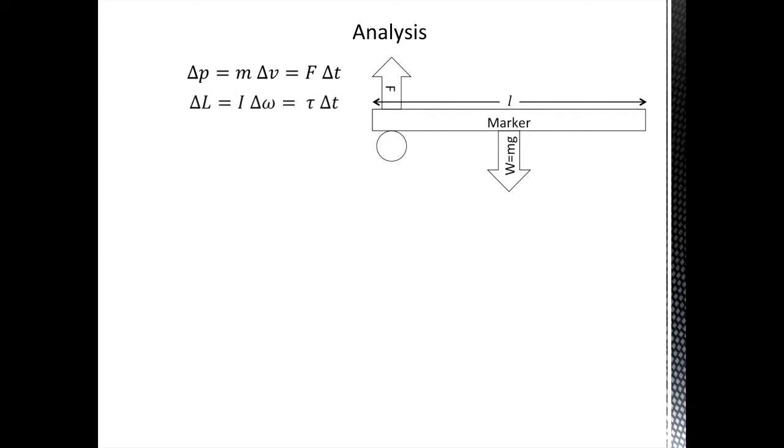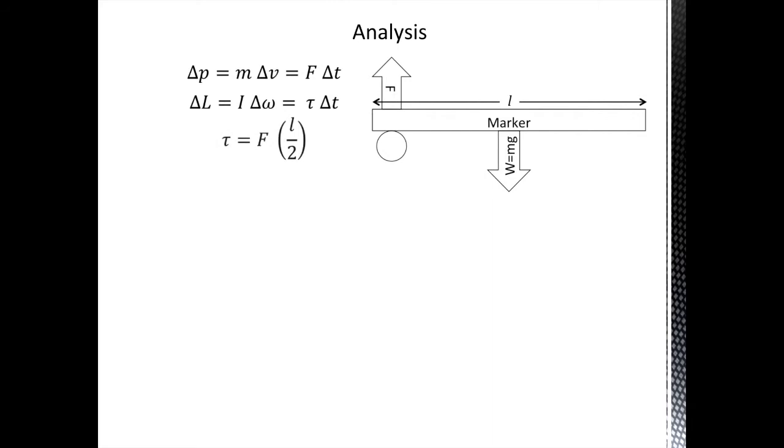This equation also has a rotational analog, which states that the change in angular momentum, equal to the moment of inertia times the change in angular velocity, is equal to the torque applied times the time for which that torque is applied. Because the time for which the torque is applied and the time for which the force is applied are the same, it's the time for which it's in contact with the magnet, we can let delta t represent both these quantities.